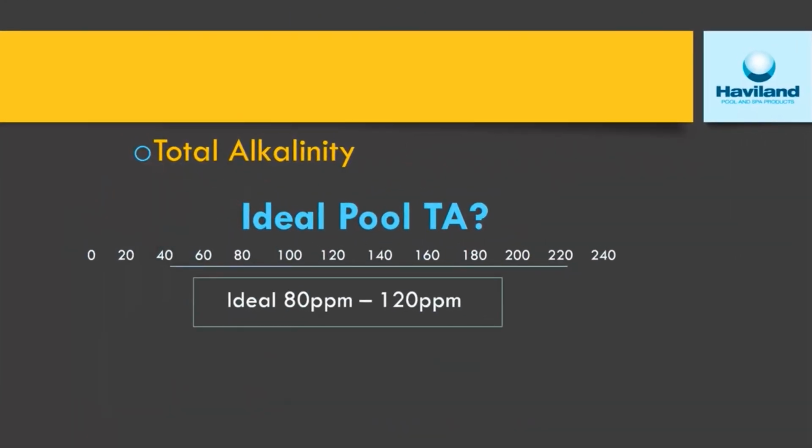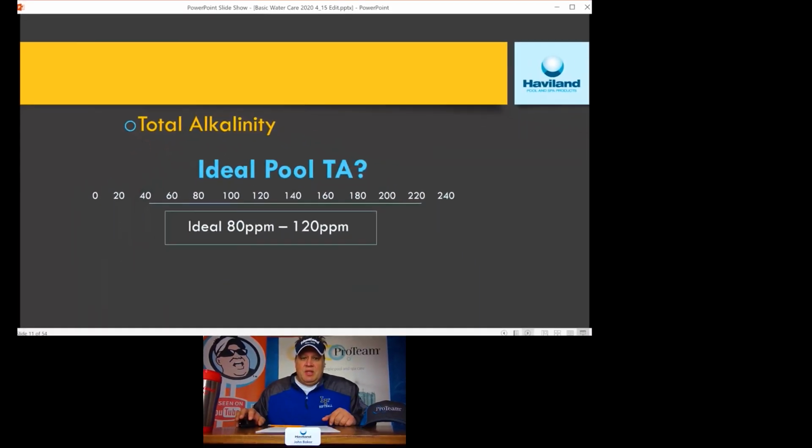And the reason I mention that is because later on we're going to talk about something called the LSI, and I'm going to show you how you can manipulate these numbers to make sure that your water quality stays within range. We're going to look at some other numbers that might fall out of that ideal range, but I can still keep the water in balance. So it's just important to understand that. Total alkalinity is the stuff that drives the pH, water quality.